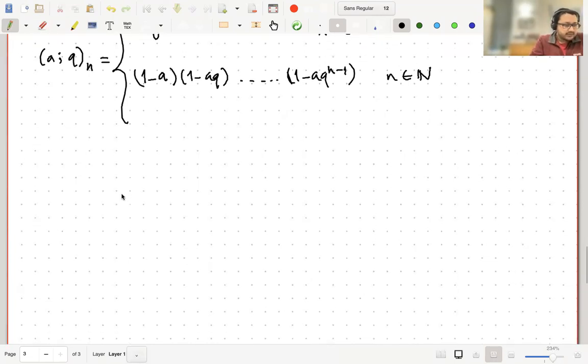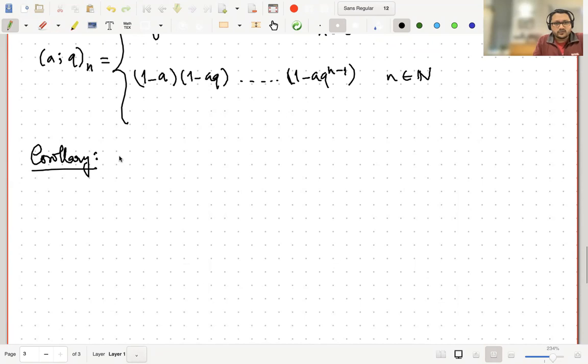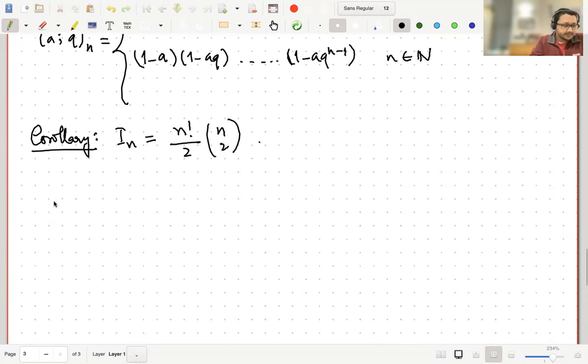So let's look at this corollary of Rodrigues' theorem. I'm not going to prove it, but I'm going to give you the steps. As a corollary of Rodrigues' theorem, we want to see that the number of inversions is equal to this quantity. So there are three main steps to do. The first step is to just take the polynomial in Rodrigues' theorem and take the log of this polynomial.